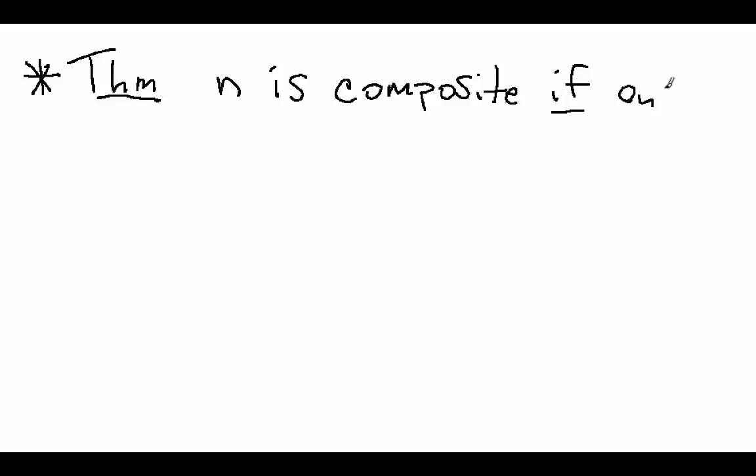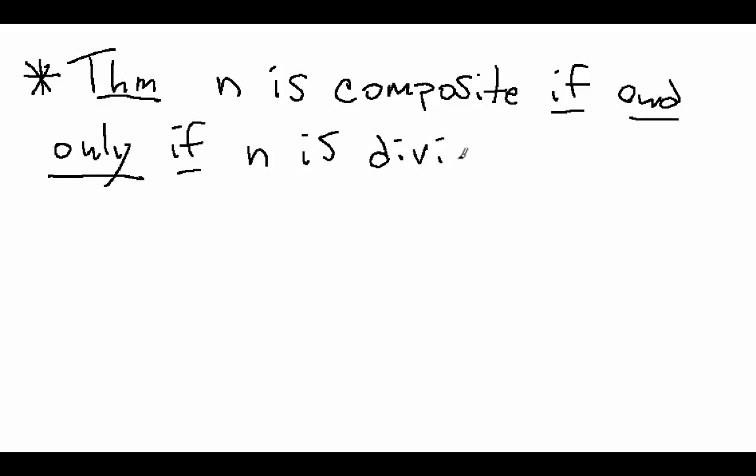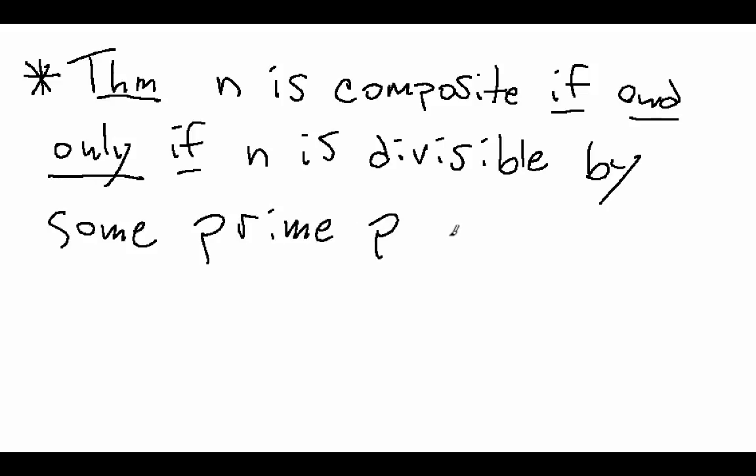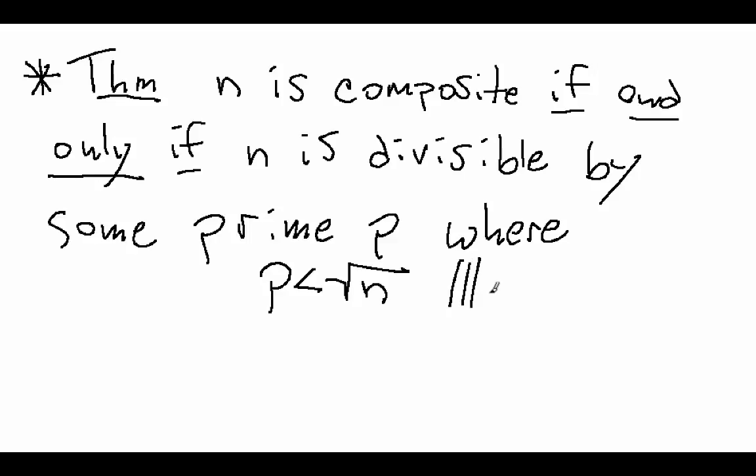I'm going to say n is composite if and only if n is divisible by some prime p where p is less than the square root of n. That's very, very important. Okay?